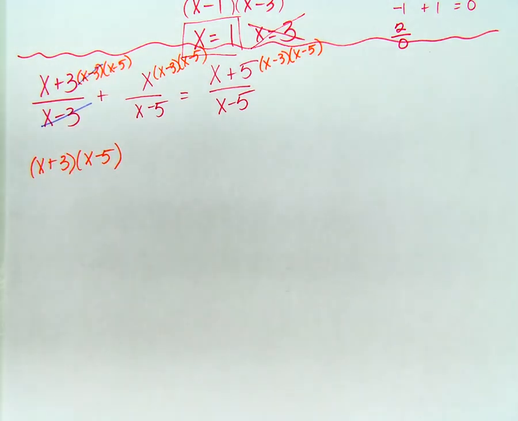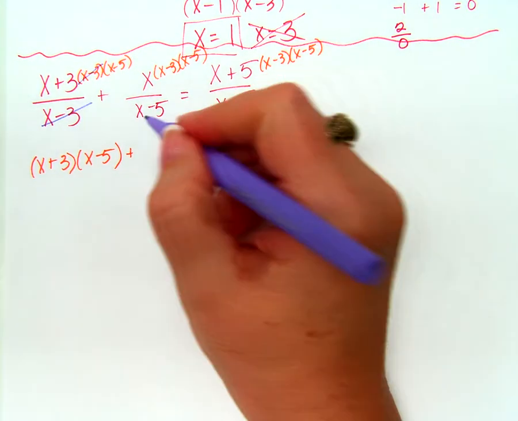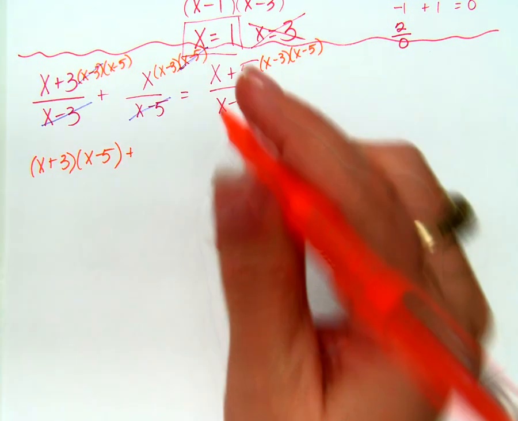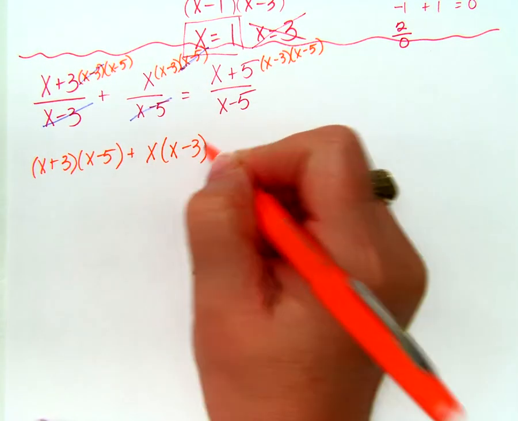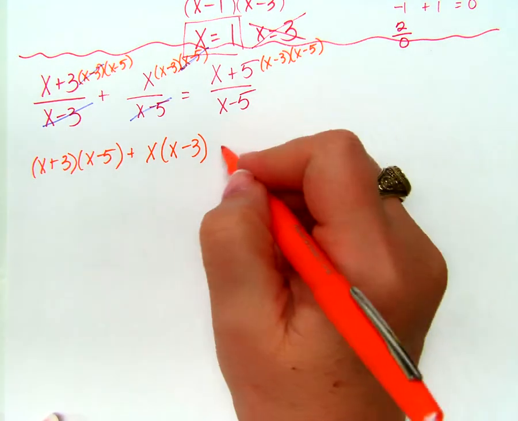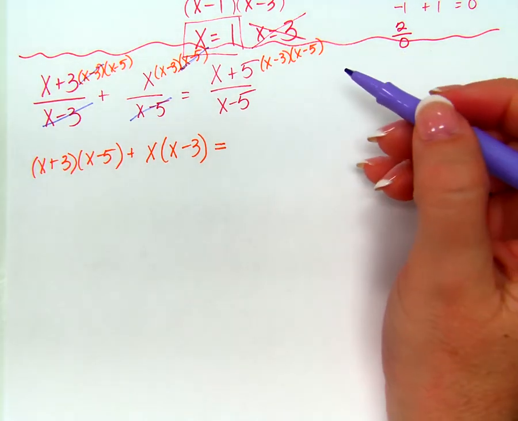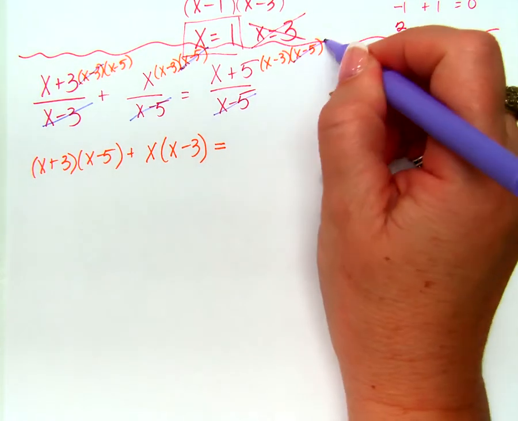Okay. What happens in the second part? Okay, x minus 5 simplifies to 1. What do we have left? X times x minus 3. You okay with that? Okay, what about the last part? X minus 5 simplifies to 1.